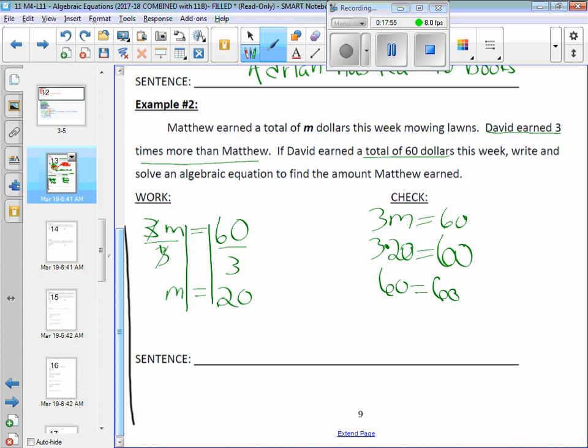Matthew earned. No, I'll put Matthew. Do it in the third person, not the first person. This is an English connection. You just learned point of view in ELA. Earned, not learned, because I just said the word learned, so you put L in it. Earned.